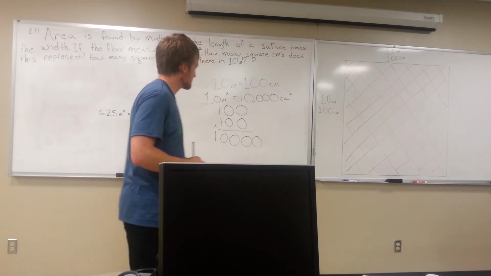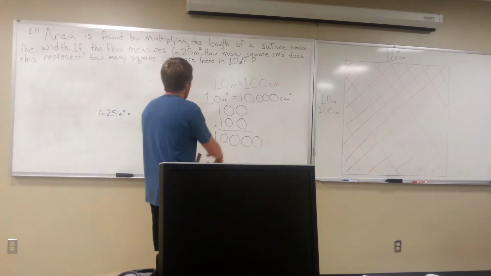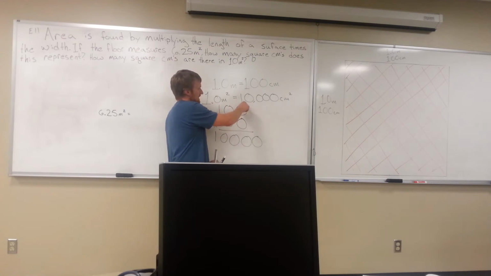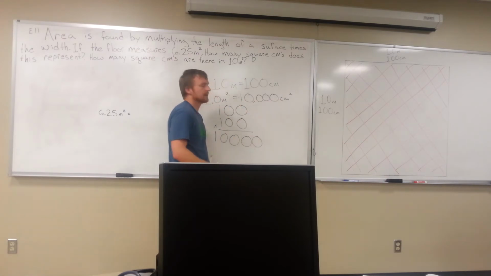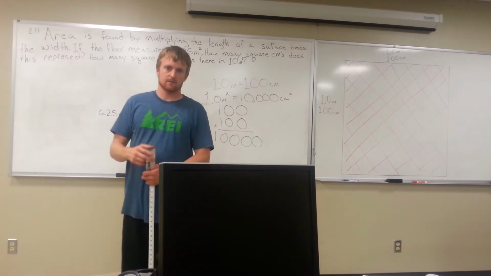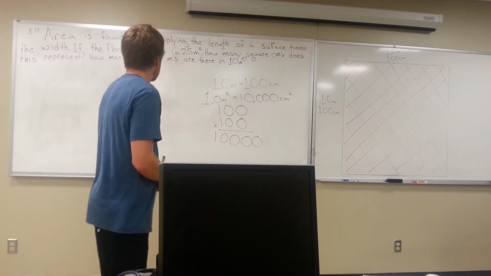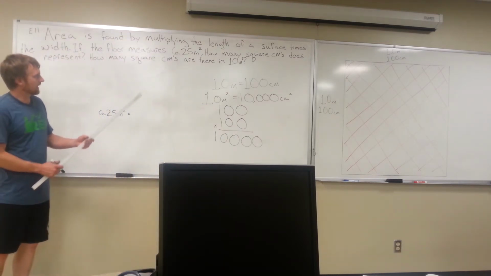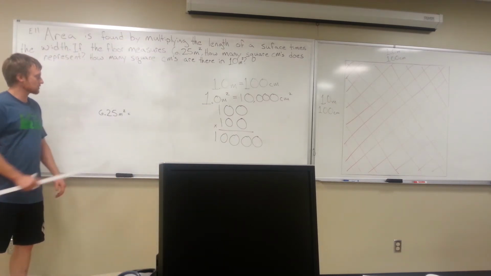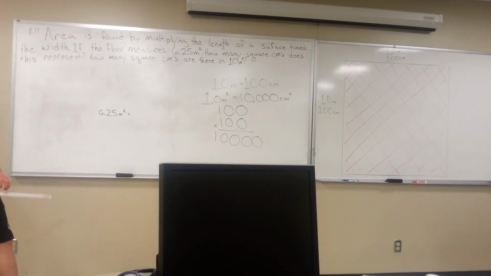So that means that when we start out at 1 square meter, we actually bring the decimal place over 1, 2, 3, 4 spots, and we're in the range of centimeters. Okay, the question's asking for 6.25 square meters. So what is it that we do?